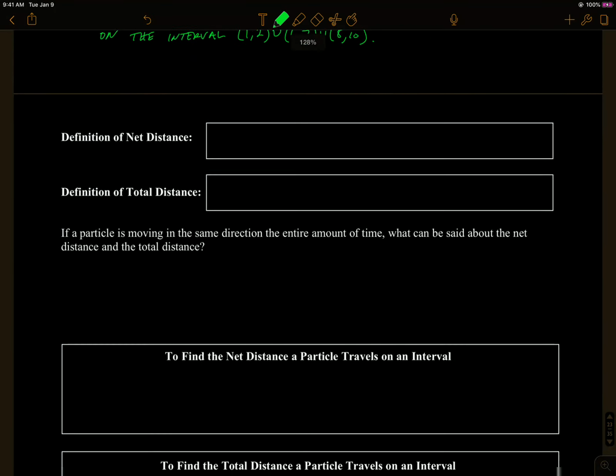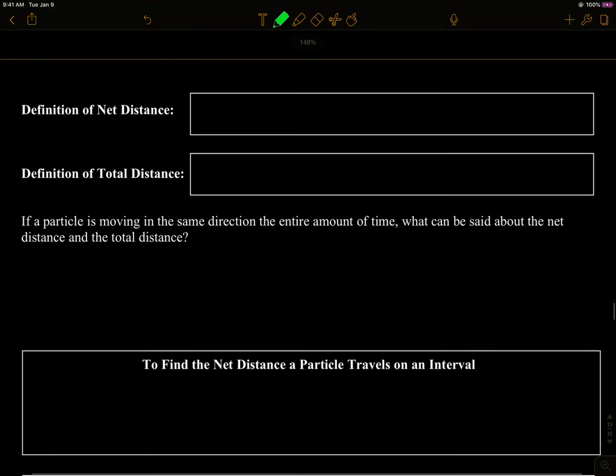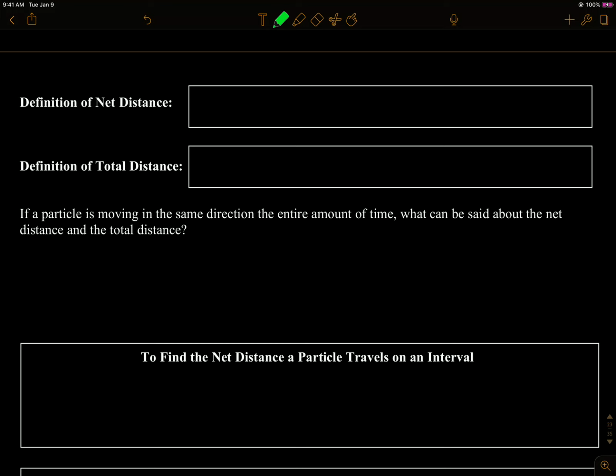All right. So let's talk now about net distance versus total distance. Net distance would be the difference from where an object started to where it ends up. It doesn't matter if it backtracks at all. So if we picture this particle moving back and forth on the x-axis, left and right, it's just where it ends up.